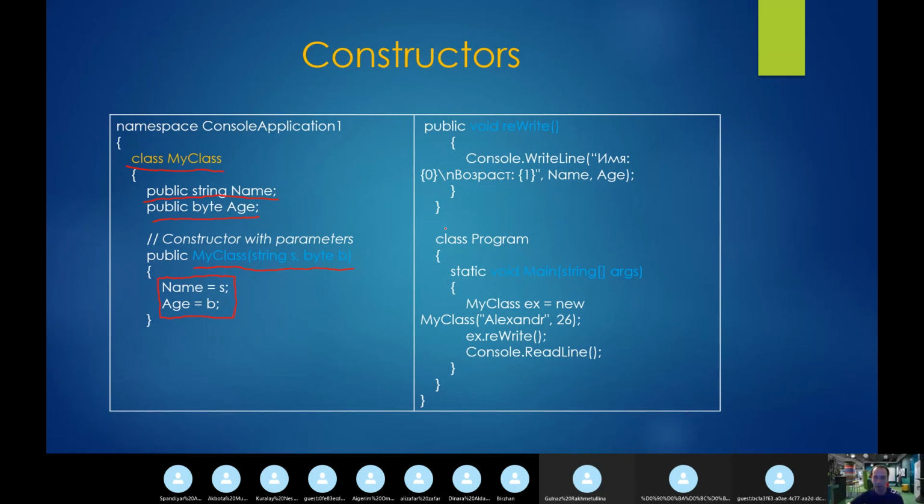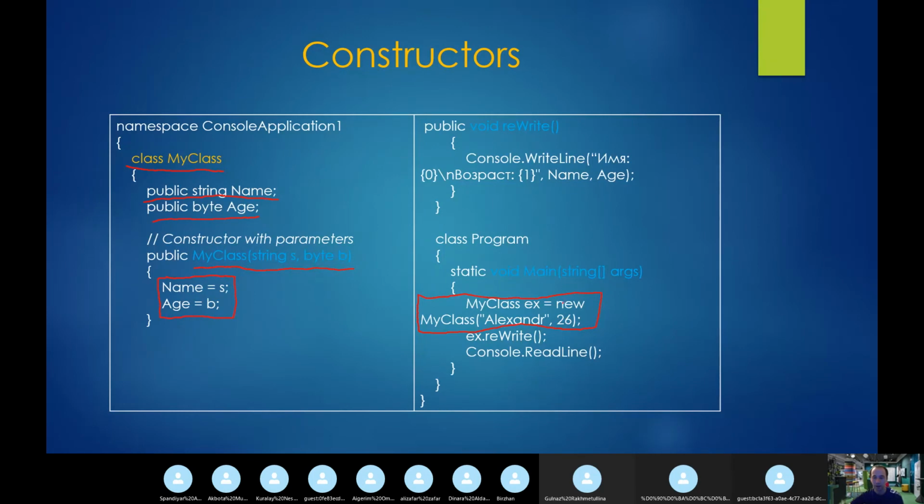Then we create a new object of my class. Here we have the new object X. So we initialize it with the following arguments. The first, a string, is Alexander, and the second one is the age.